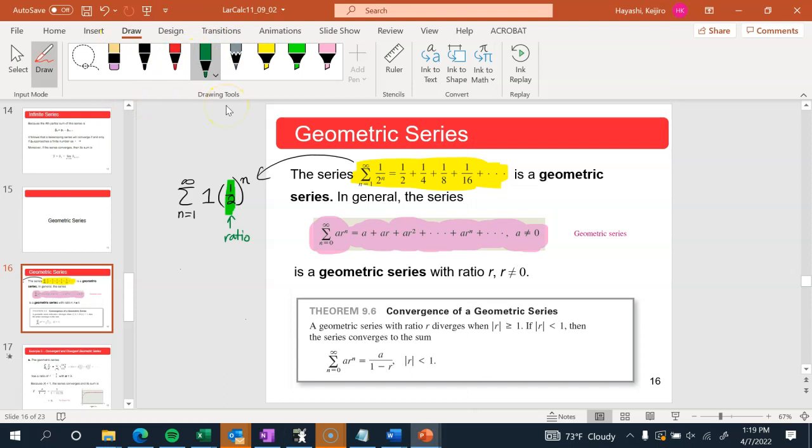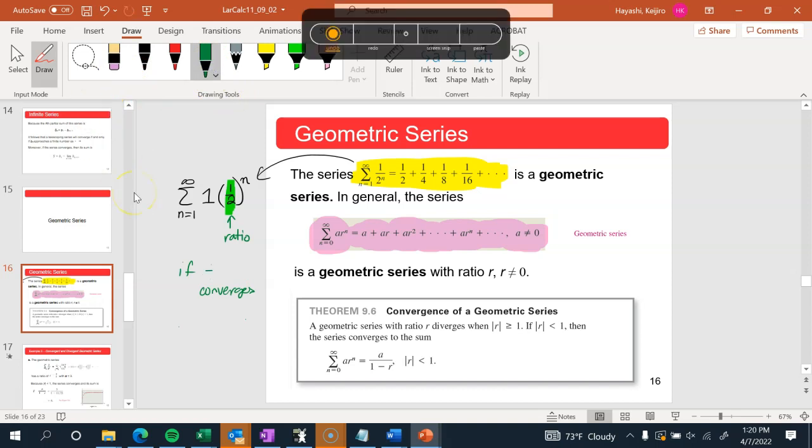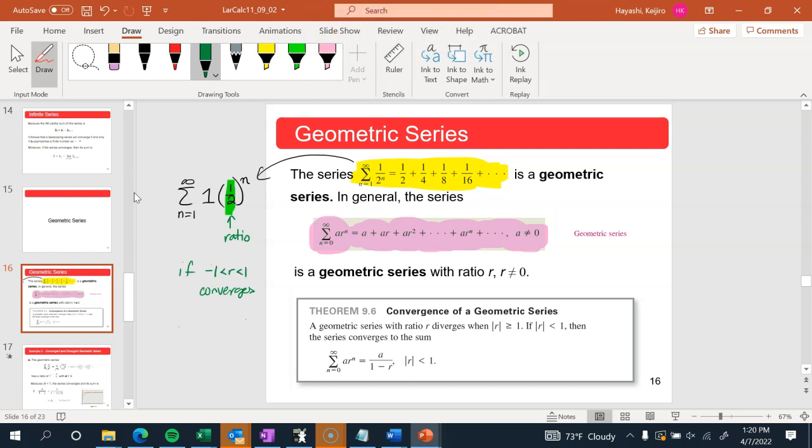So if the ratio is in between -1 and 1, a geometric series will converge. Or you can also say that if the absolute value of r is less than 1, then the series converges.